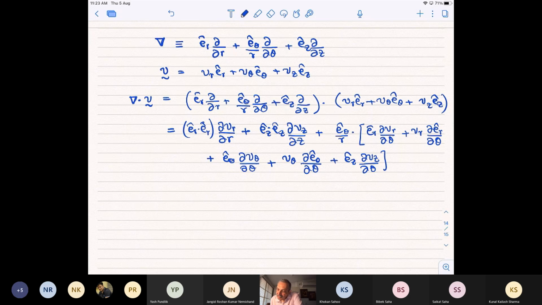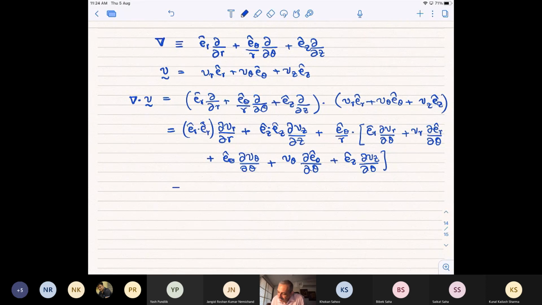So essentially what I've done is I've just done del by del theta of these terms, and it turns out that in this bracket, not only do we have to take derivatives of the scalar quantities Vr, V theta and Vz, but we also need to take derivatives of the vectors Er and E theta. Of course, no need to take the derivative of Ez.